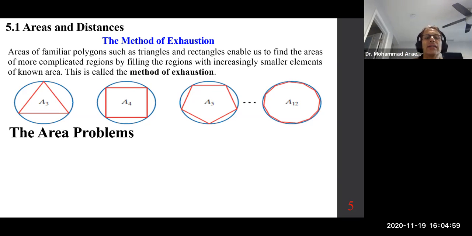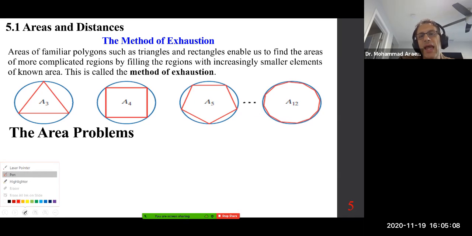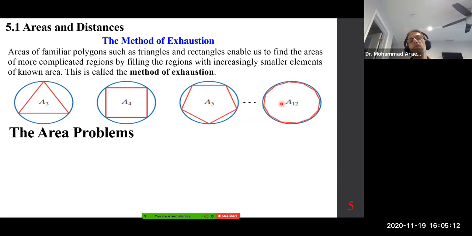As we add to the number of sides, everybody can see, a picture is worth 1,000 words, that the area of that polygon gets closer and closer to the area of a circle. That's the method of exhaustion. And as n goes to infinity, it becomes identical to the area of a circle. This is from when they didn't have the formula A equals pi r squared.